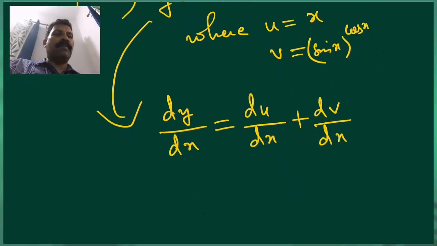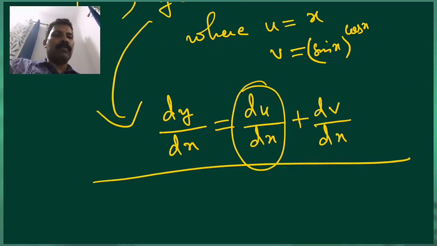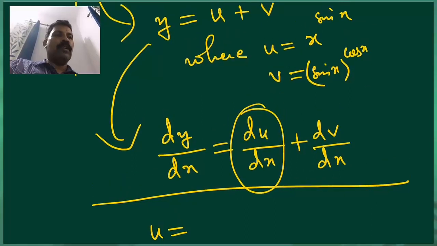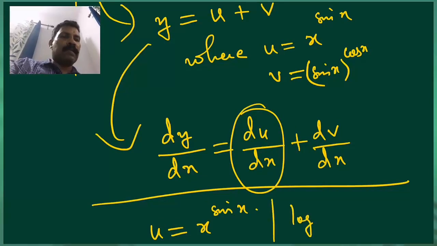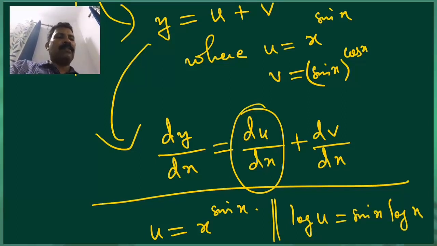Now the things are quite easy, because you can find du by dx. Why? Because you have u is equal to x power sin x. Then you can take a log, that is log u is equal to sin x log x. Then you can find du by dx from this.